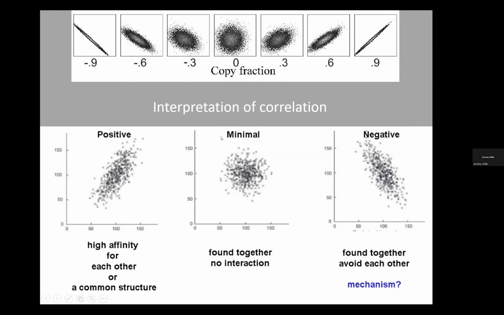If the correlation is 0, we're saying they're found together, but there is no interaction either directly or with another structure. Negative correlations, as I've just said, are slightly trickier. They're found together, but show a degree of avoidance. So here we're looking for some kind of mechanism.